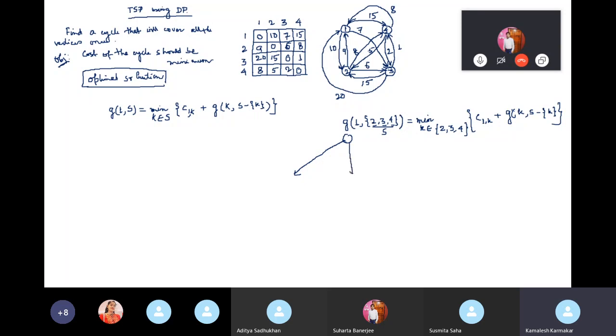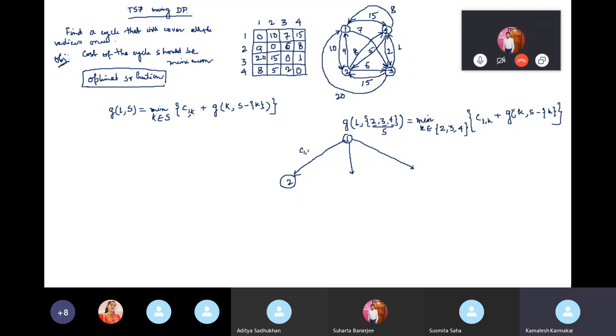So let us expand this recursively. We are starting from this position. If this is vertex 1 and the next vertex is 2, so here K equals 2. If we choose next vertex equals 2, what will be the cost of this?